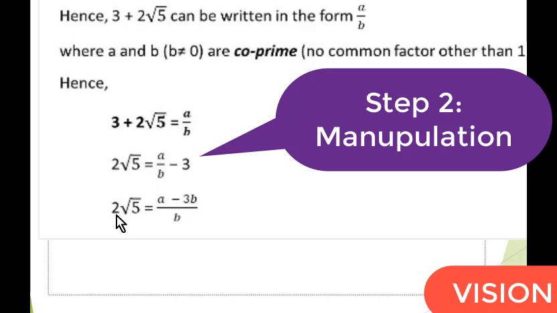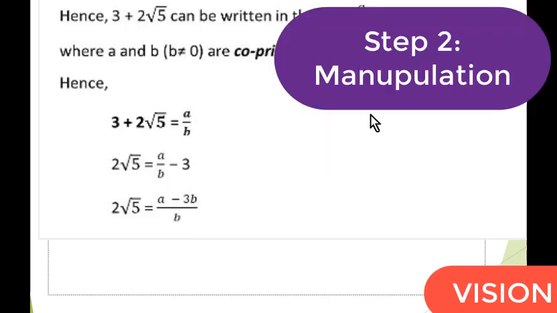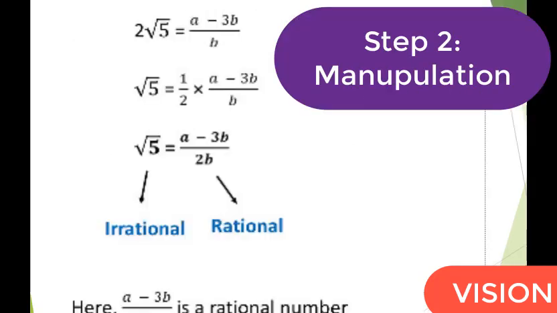Again we are moving the 2 to the RHS. Before that, we do cross multiplication and get a minus 3b divided by b. After balancing that, we move the 2 to the RHS. We are getting this equation.